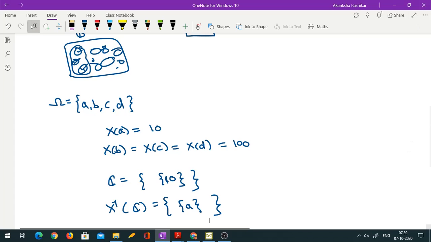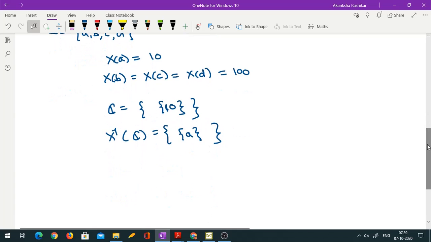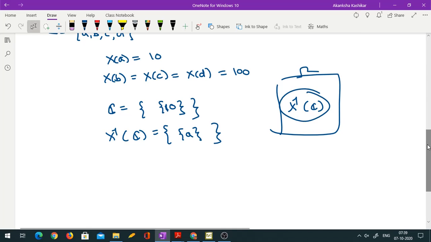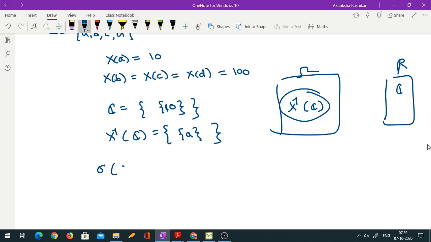Now two questions. What is the minimal sigma field generated by C, and what is the minimal sigma field generated by X inverse of C? Remember, X inverse of C is on the left side, so it is part of Omega, whereas C is part of R. C is a collection of subsets of R and X inverse of C is a collection of subsets of Omega. So I can construct sigma fields on both sides.